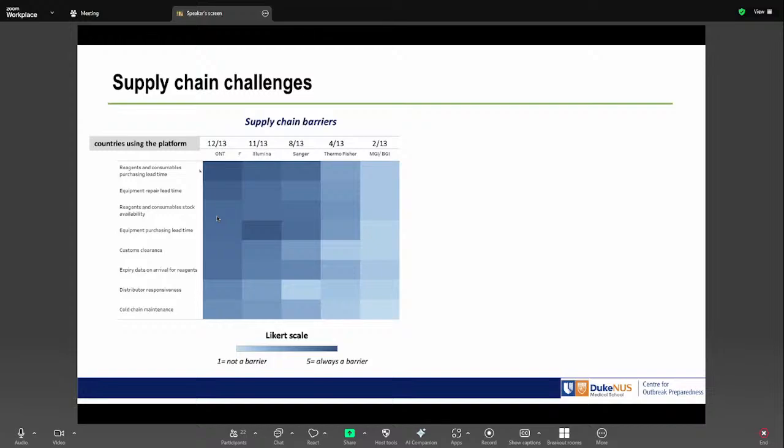Distributor responsiveness. We find that in a lot of high-income countries, we tend to have offices of those sequencing providers in country. So for Singapore, we have an office from Thermo. We have ONT offices. We have BGI, MGI offices.